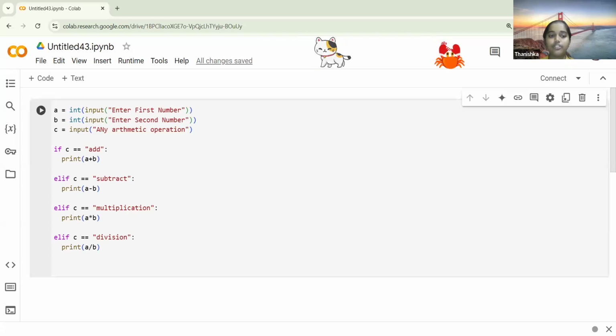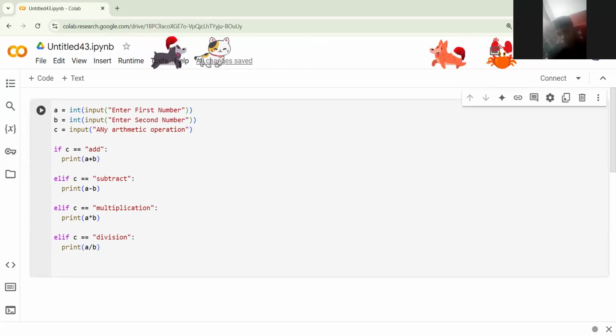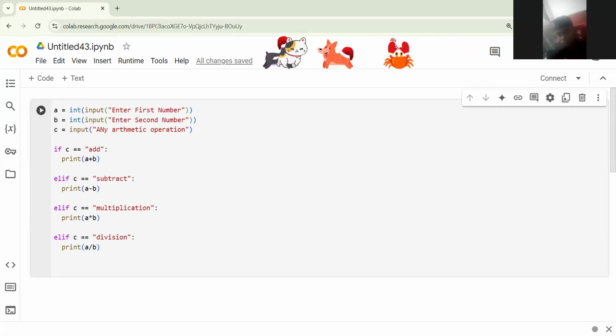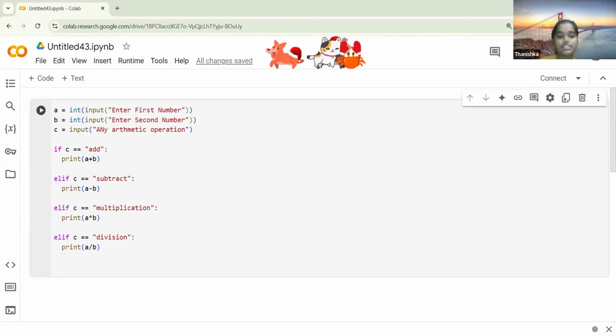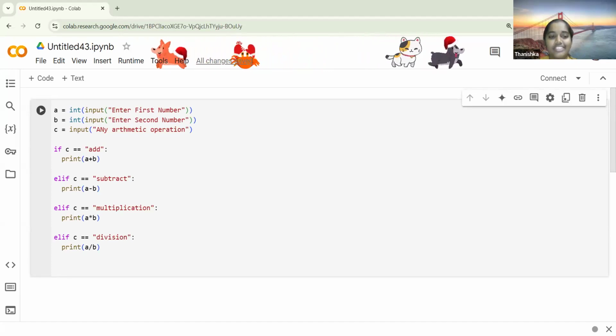Instead of elif, you can use if many times; even that works. Maybe we have to use a new if-else function.